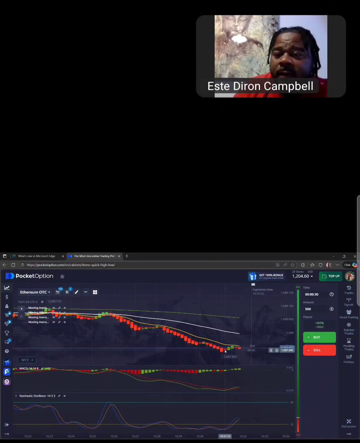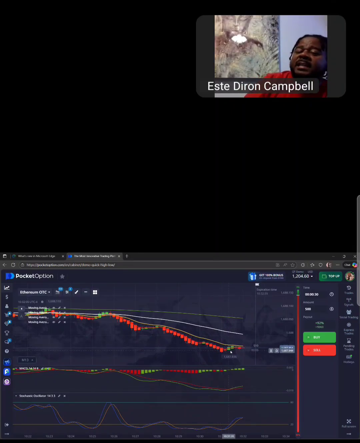But guess what? This right here goes against the rule, because it doesn't have enough momentum. And like I said, you look on the meter here, that's not even up.